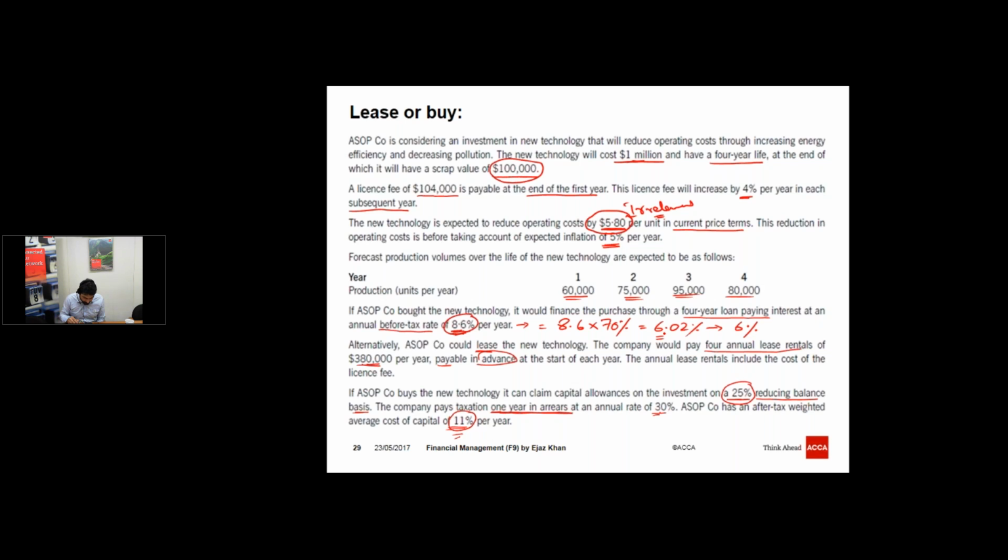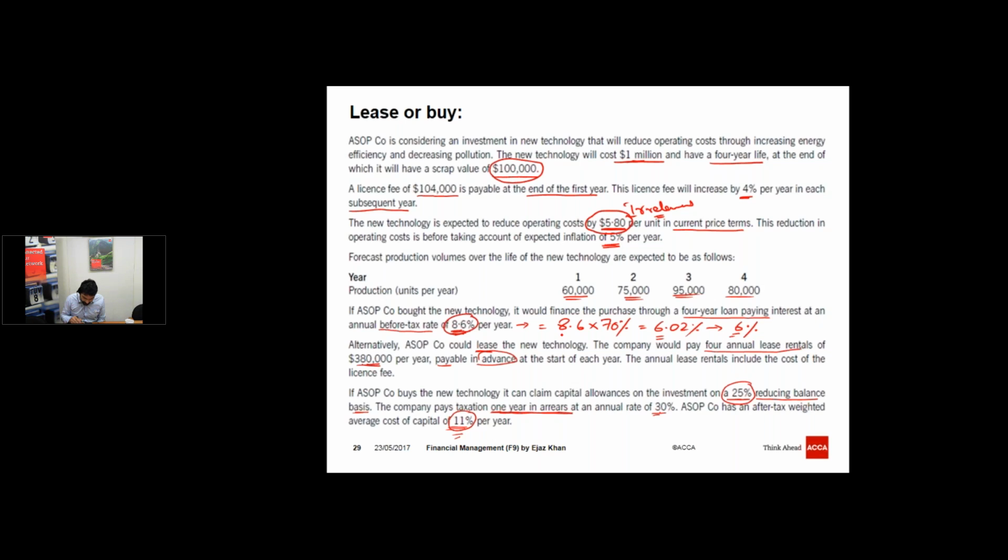We are not taking 6.02 to make our life easier. So we are taking 6% as our discount rate so that we can easily pick the discount factors from the table. Hassan, we are taking 70% because we are deducting 30% from the finance rate, because we'll be getting a tax relief on the interest payment as well.